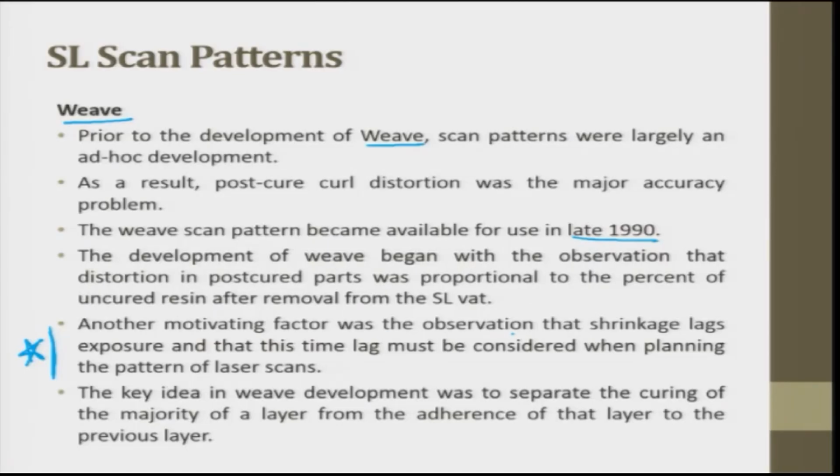The observation was that shrinkage lags exposure and that this time lag must be considered when planning the pattern of the laser scan. The key idea in weave development was to separate the curing of the majority of the layer from the adherence of that layer to the previous layer. So, the idea was to separate curing and adherence.